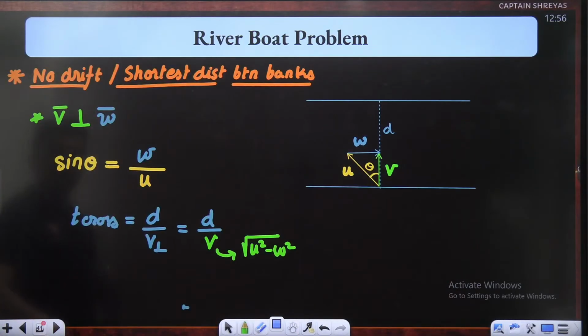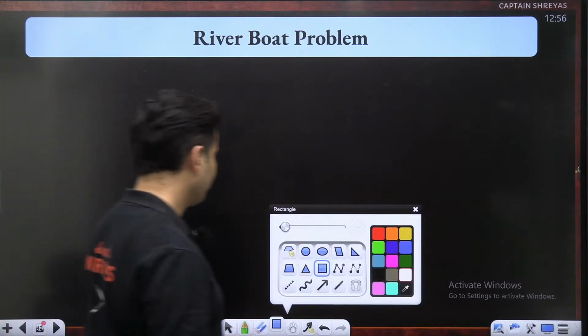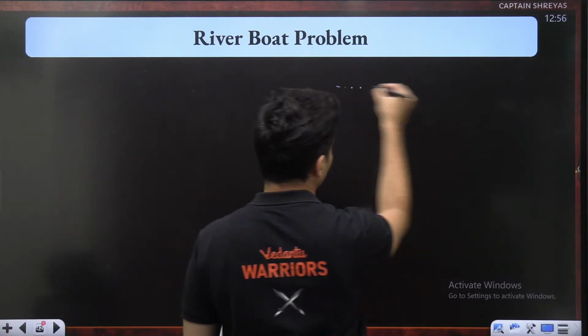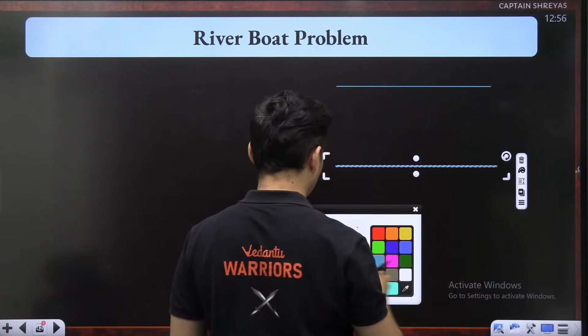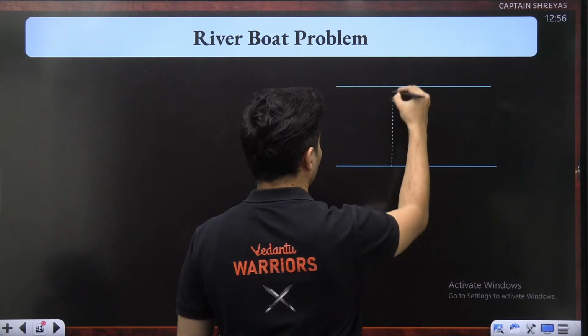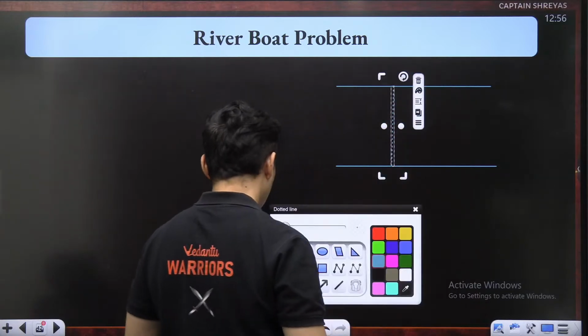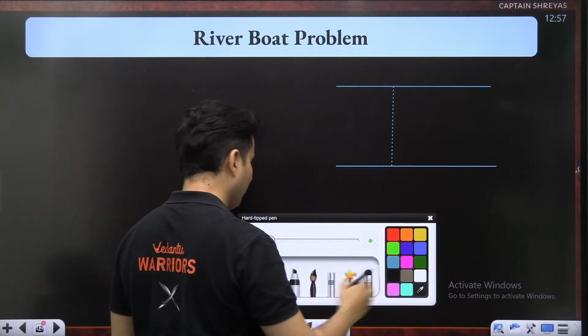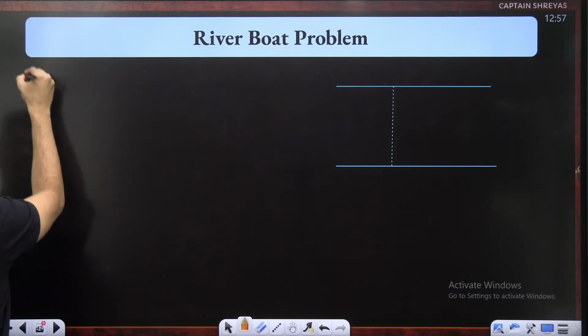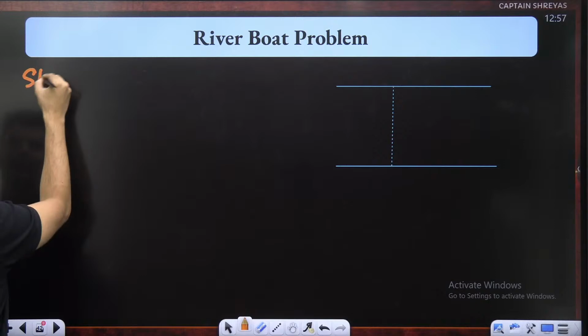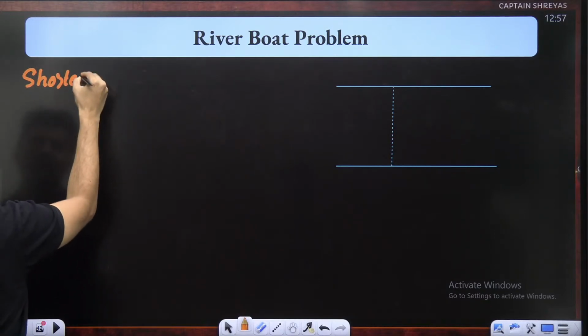Okay. Now, moving to the next scenario. You want to cross the river in the shortest time possible. Maybe the water is very cold. You cannot spend a lot of time inside the river.